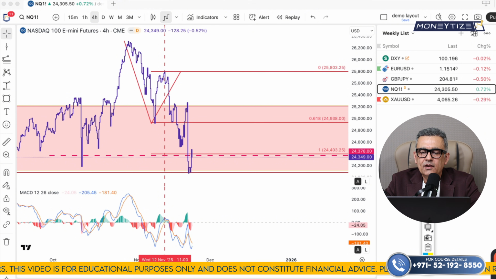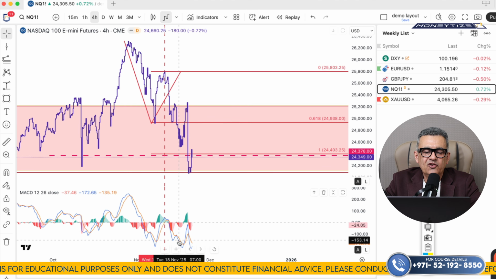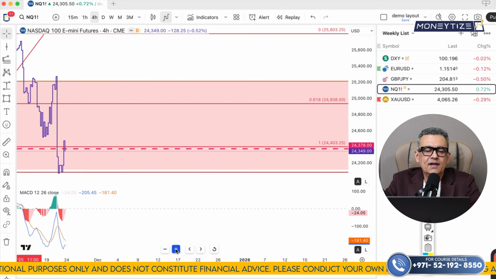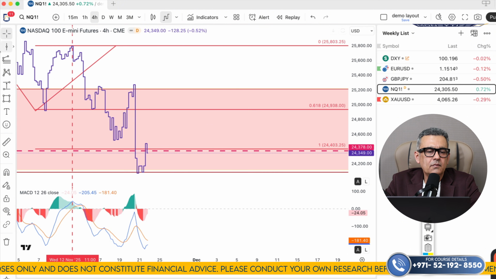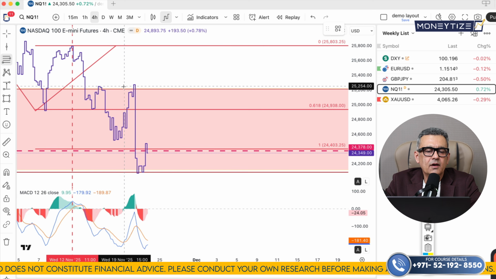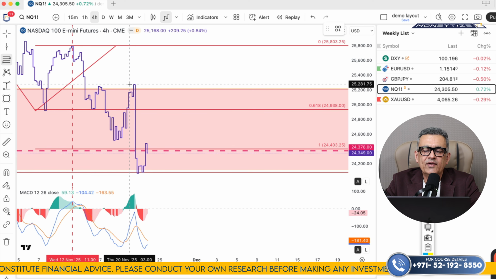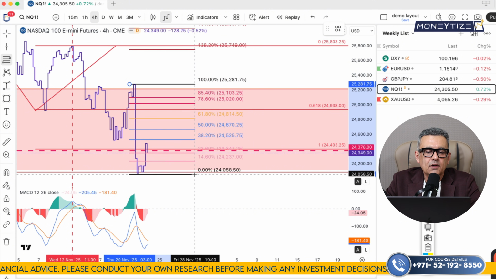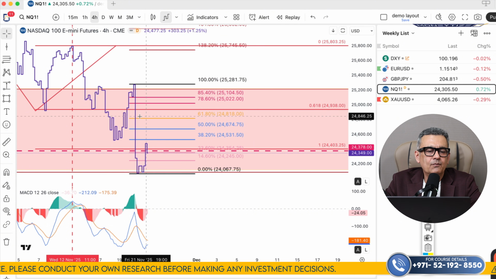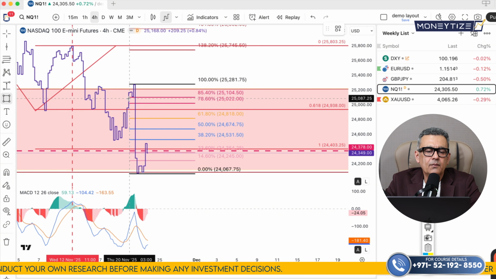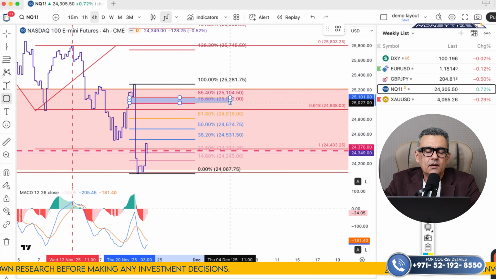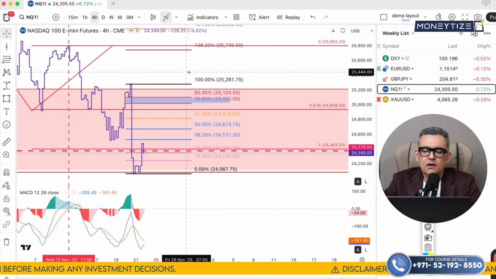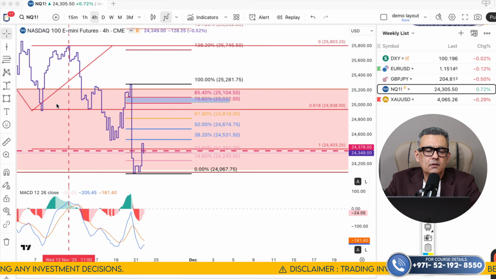But I can see that the sellers are exhausted, and it found support at the fib retracement 138.2 area. So the best way is to apply Fibonacci retracement on the last leg down. So the last leg down is here, starting from 25,281 to the current low, and I can see that there is a very high probability that in the coming week, if the dollar starts correcting downwards, then NASDAQ will quickly bounce towards the 25,000 mark.